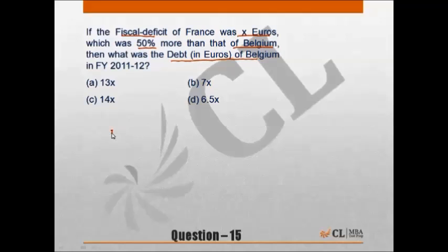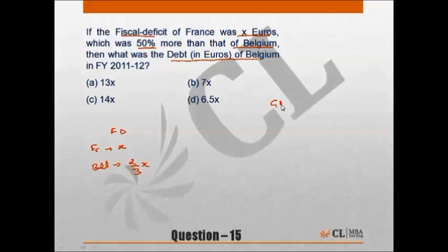Okay. So the data given to us is that the fiscal deficit of France is X euros, but this is 50% more than that of Belgium, or it is 3 by 2 times that of Belgium. That means the fiscal deficit of Belgium should be 2/3 of X. Then what was the debt in euros?